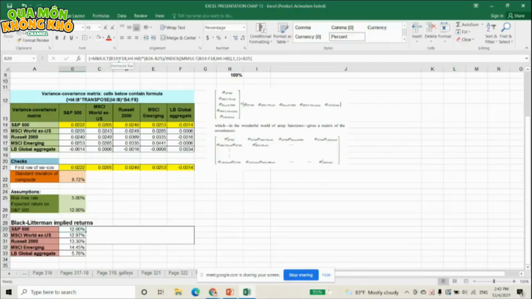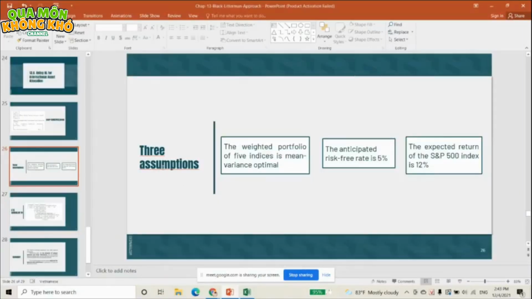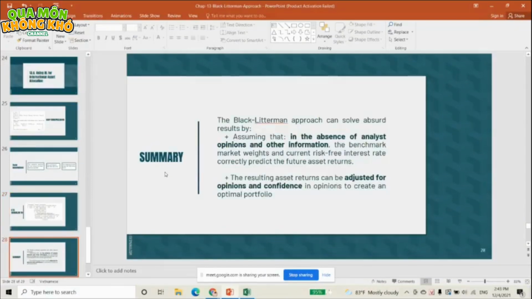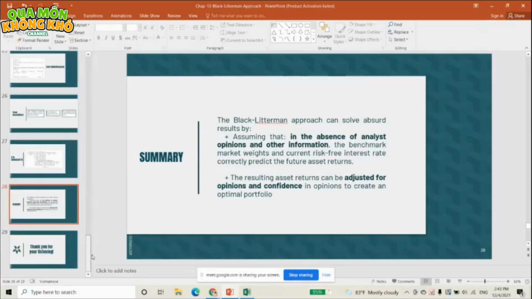This formula yields the expected return on S&P 500 to normalize the return. The Excel array functions are equivalent to this formula. And the last part is a summary.